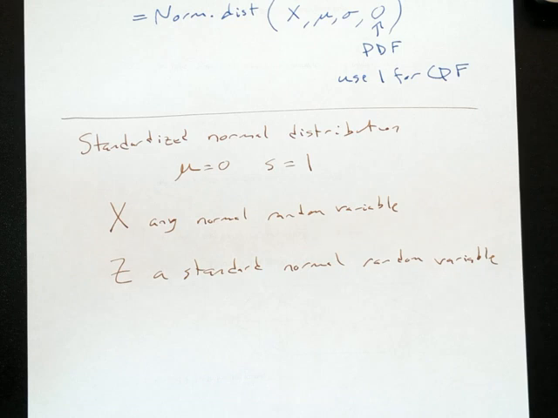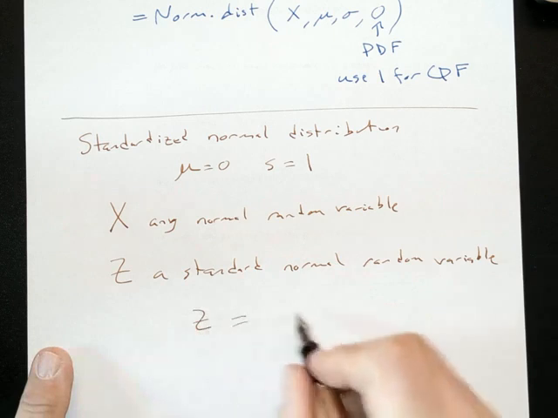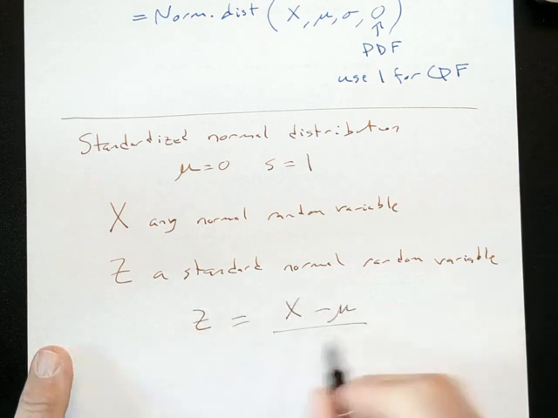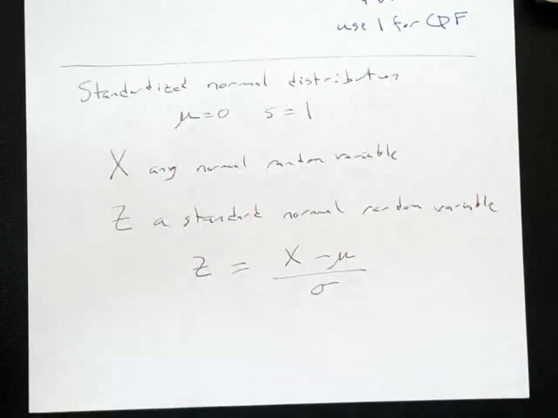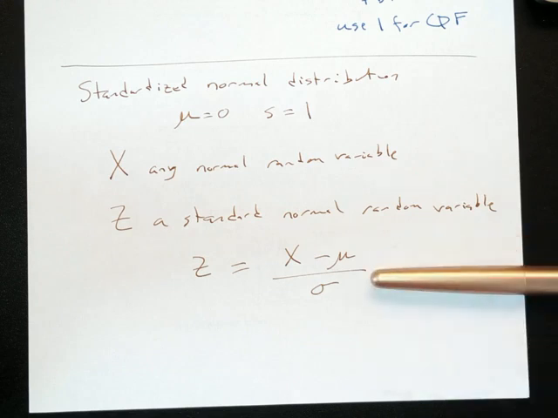Turns out there's a transformation you can choose to get X to the standard form. It's fairly straightforward: subtract the average and divide by the standard deviation, so it makes the unit. You can do this transformation on any data.